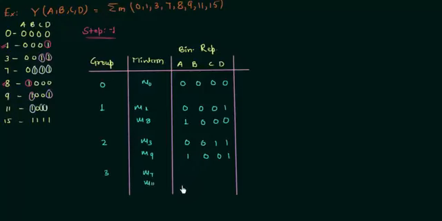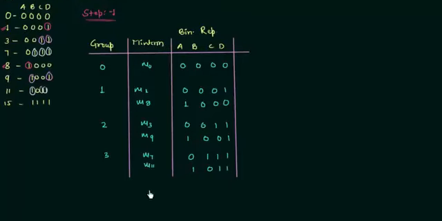M7, M11. 7 is 0 1 1 1, 11 is 1 0 1 1, and group number 4 will have the min term with 4 ones, and we will have only M15 in group number 4. So this is what we have to do in step number 1. We have to form these groups depending upon the number of ones in the binary representation of the min terms.